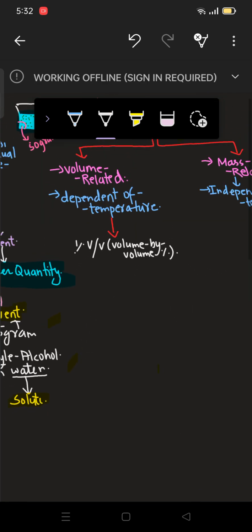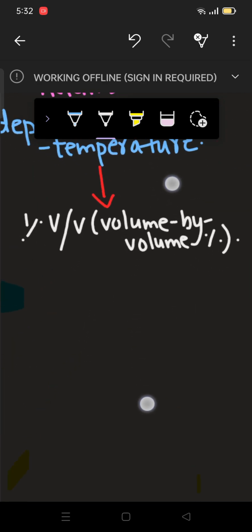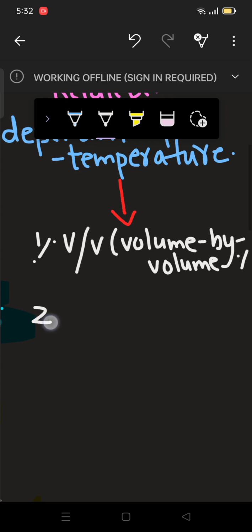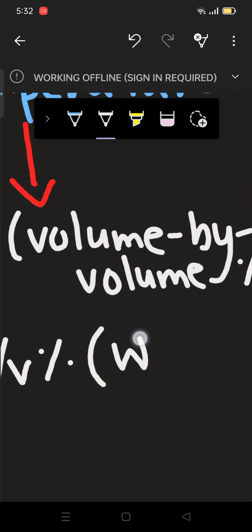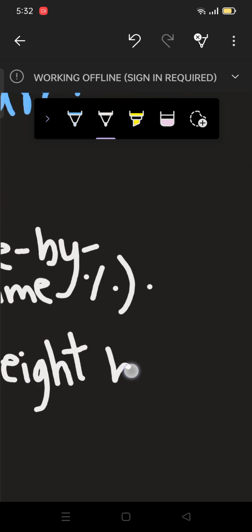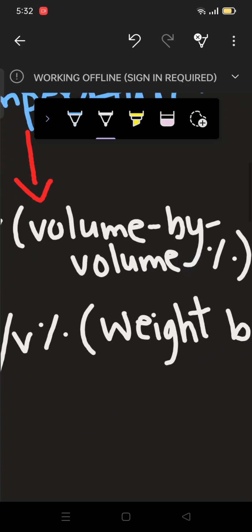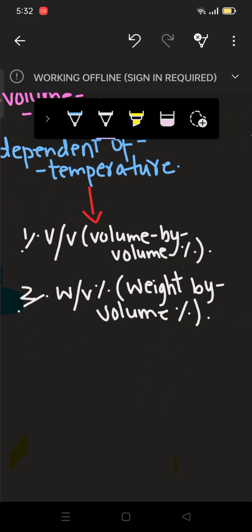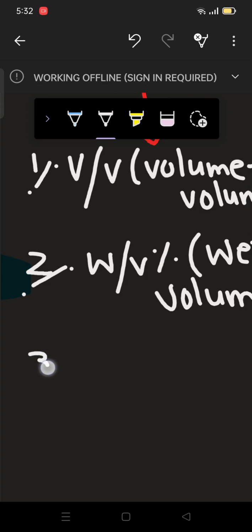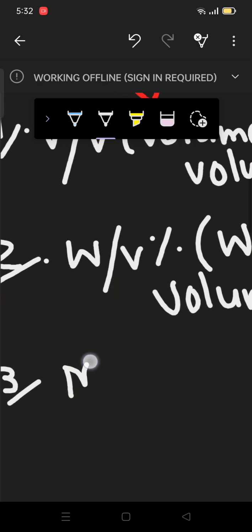Okay, so the first one would be volume by volume percentage. Second one here would be weight by volume percentage. Okay, so this would be weight by volume percentage. The third one here would be molarity.